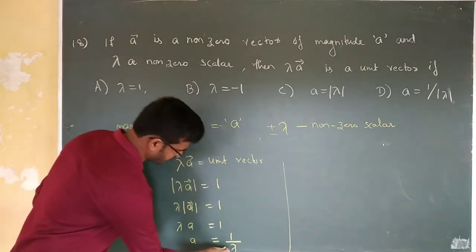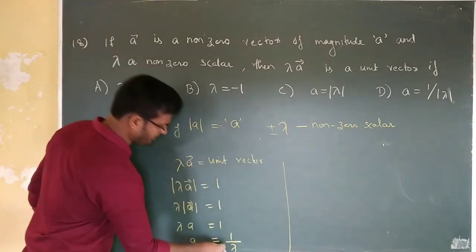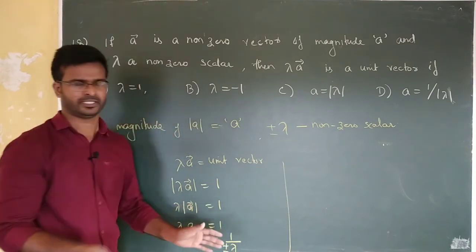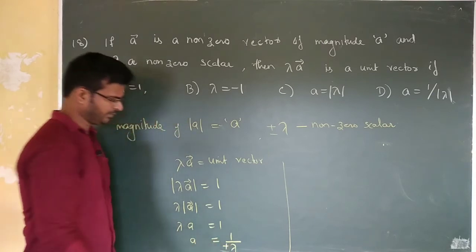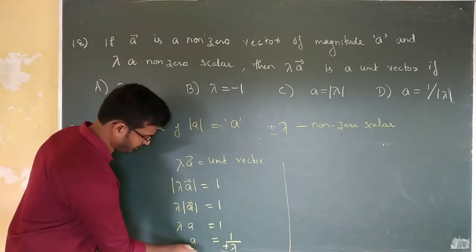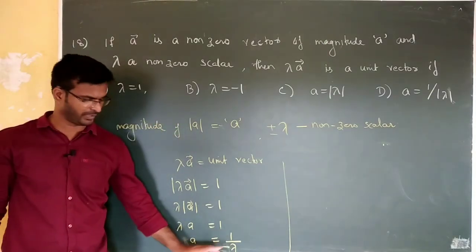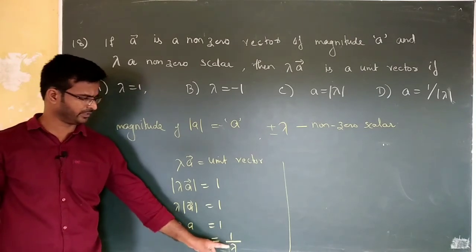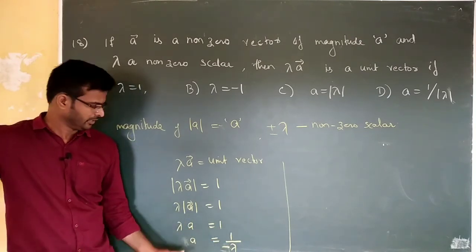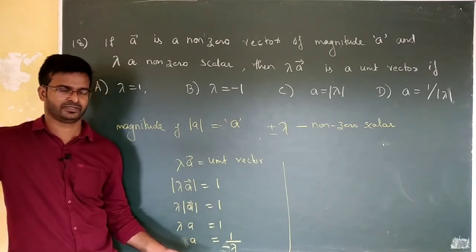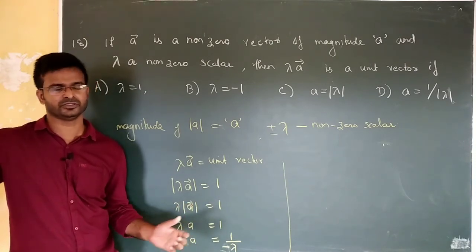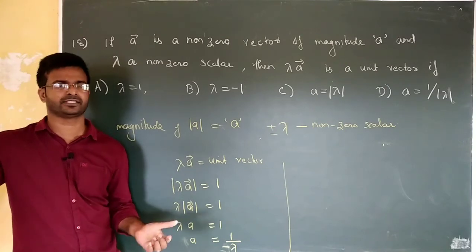Here I already told you lambda can be plus or minus, negative number or positive number. If you give plus here, a is a positive quantity only. If you give minus here, a equal to minus 1 by lambda, isn't it? a means magnitude of vector A, that is not possible, because magnitude cannot be negative.